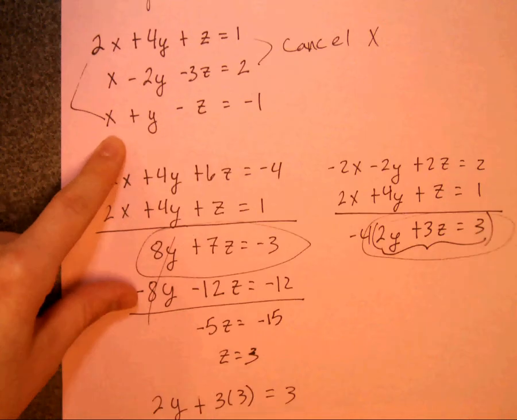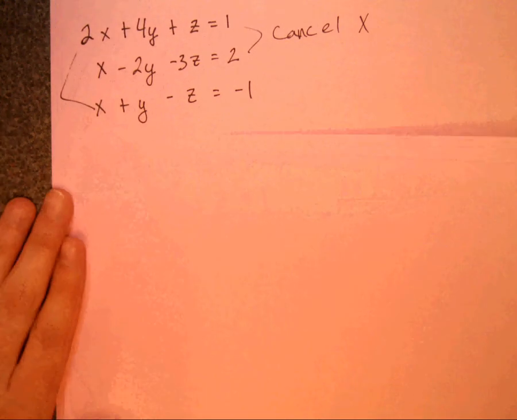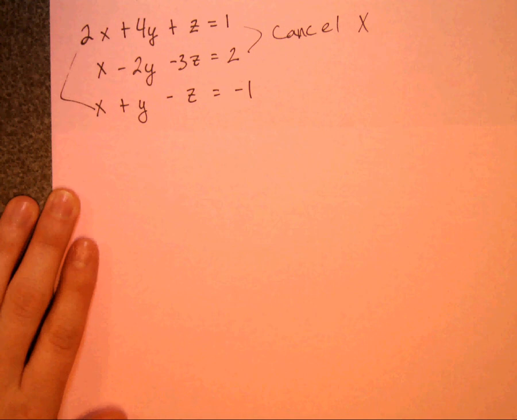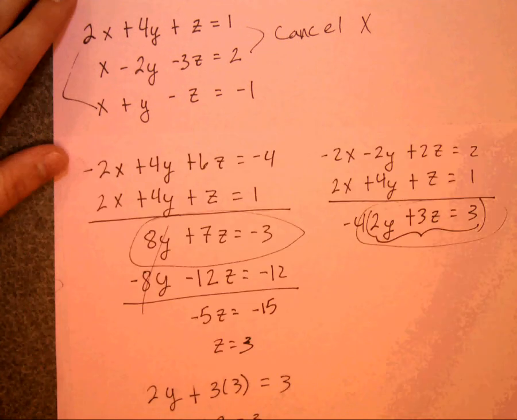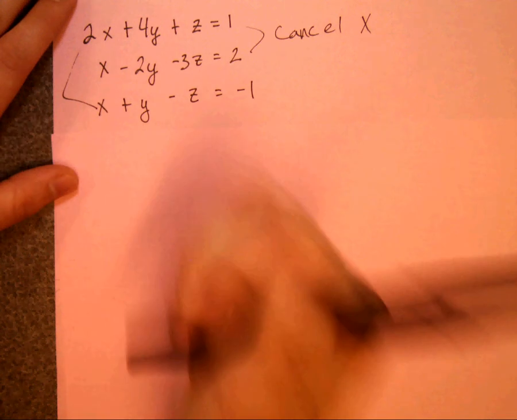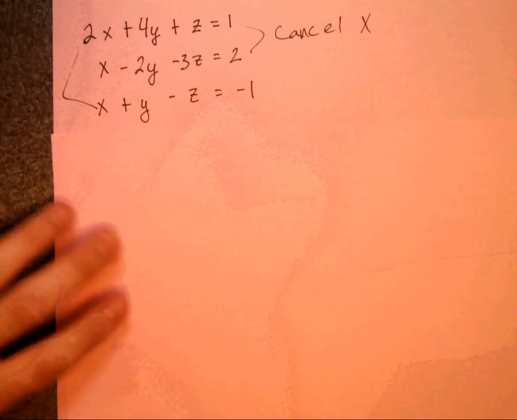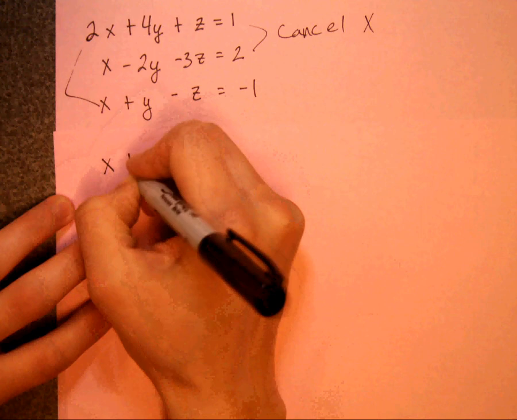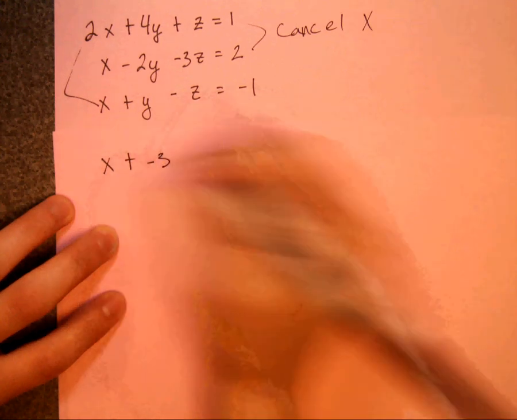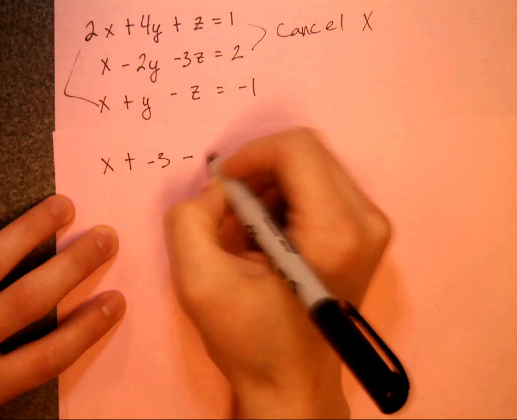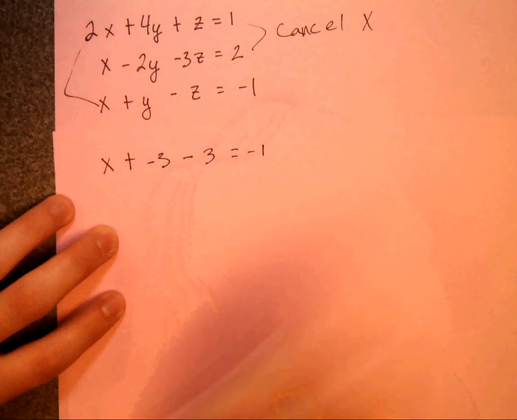So I'm going to take this last equation, the x plus y minus z equals 1, and I'm going to plug in the values we got for y and z. So I'll have x plus y was negative 3, if I'm not mistaken, minus, we found z to be 3, equals negative 1.